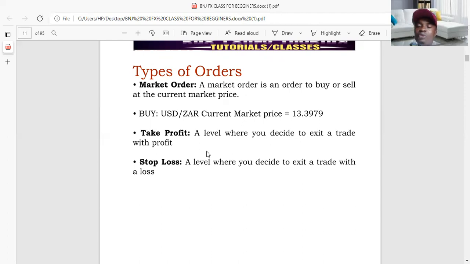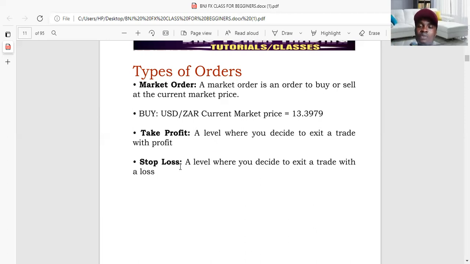For example, you have placed a market order and you want to take your profit at a certain level. At that juncture, what you need to do is to set it. When we get to the practical aspect of this class, I will show you how to set take profit.